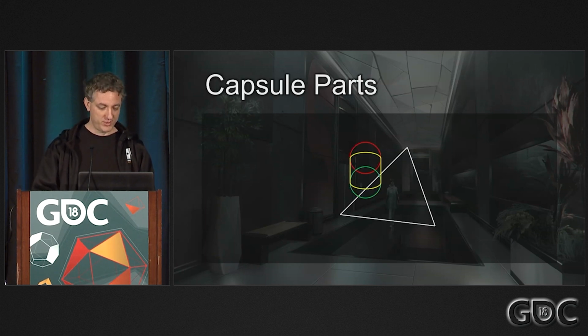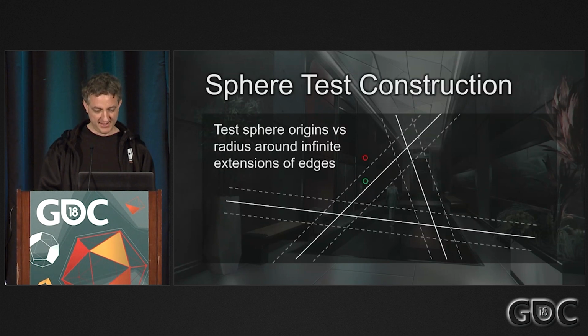And then what we're going to do is we're going to take the center of the two spheres and compare it with the infinite extensions of each edge. And we're going to take the radius of the sphere and move it to a band around each edge. And that gives you this diagram. And then we're going to test the sphere's origins, how far it is from each edge. That tells us, which side of this edge is it on?